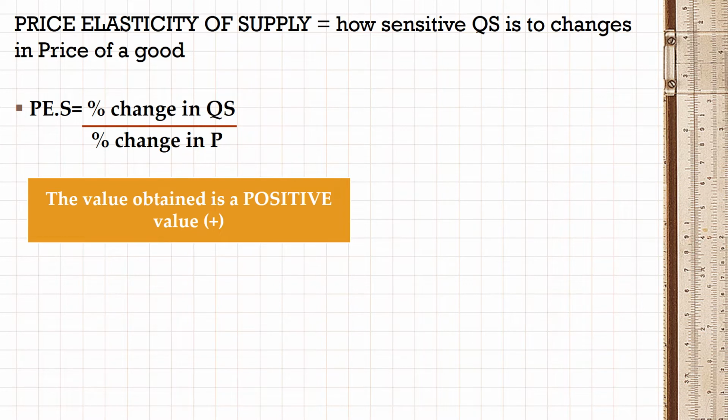But what if the commodity is an agricultural good which takes time to grow more, let's say fruits, vegetables, or even poultry? They possess an inelastic supply. Even if prices increase or decrease, you cannot quickly supply more or less because of the nature of the commodity.